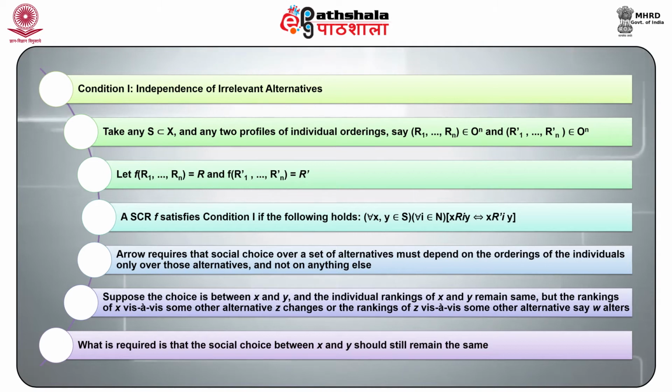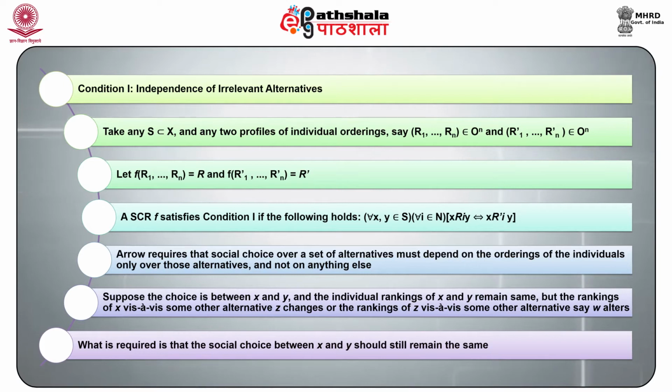Condition I, independence of irrelevant alternatives. Take any S, a proper subset of X, and any two profiles of individual orderings, say R1 till Rn belonging to On and R'1 till R'n belonging to On.